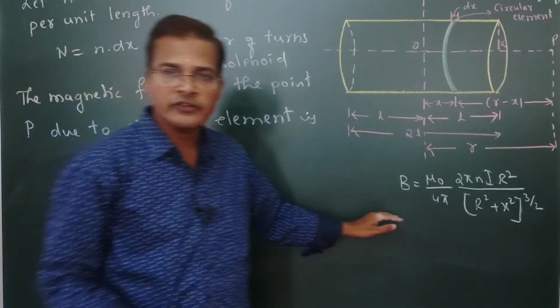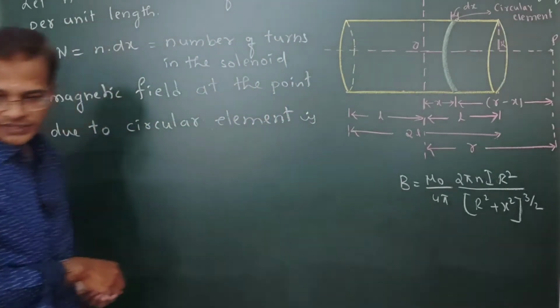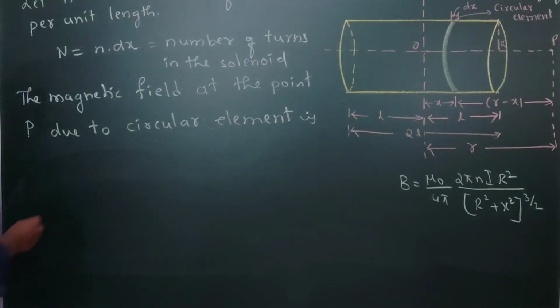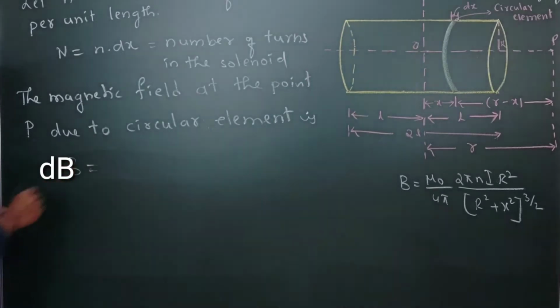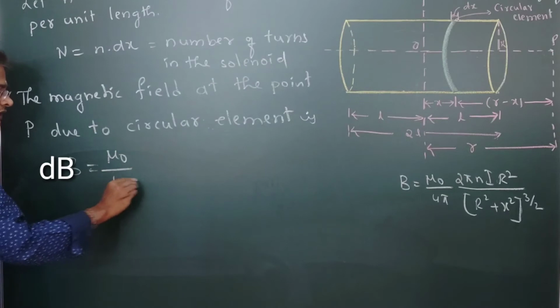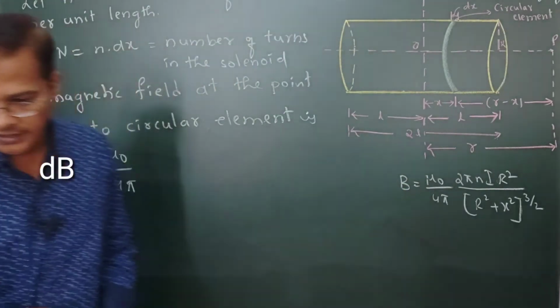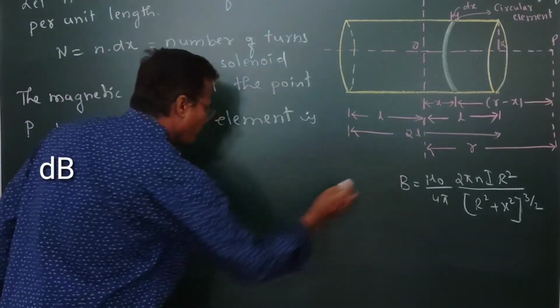This is the formula we are using. So B equals mu naught by 4 pi, as it is we are writing, and then 2 pi.